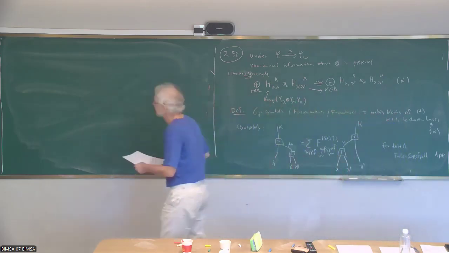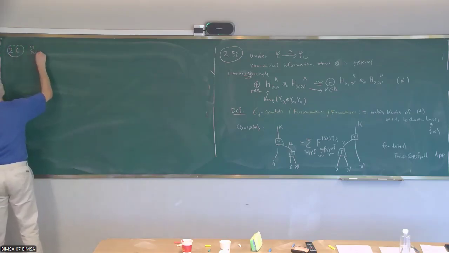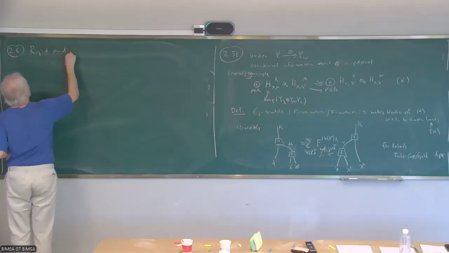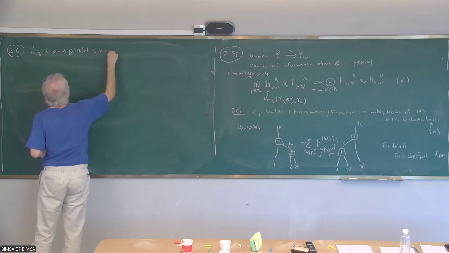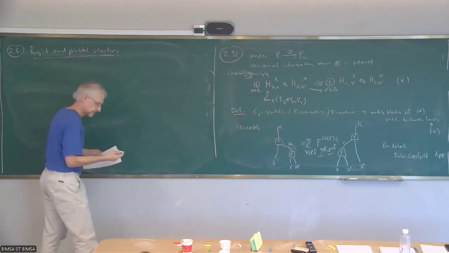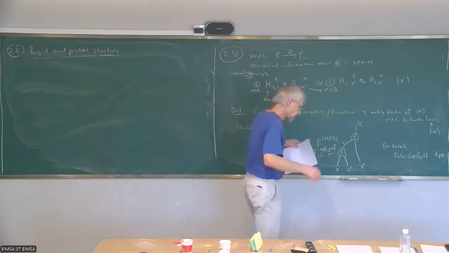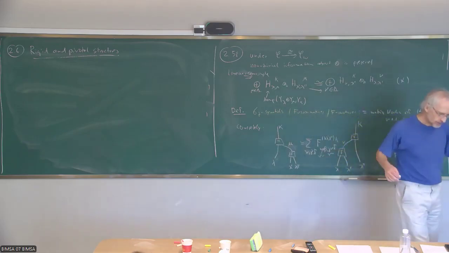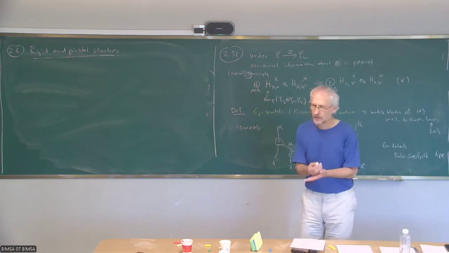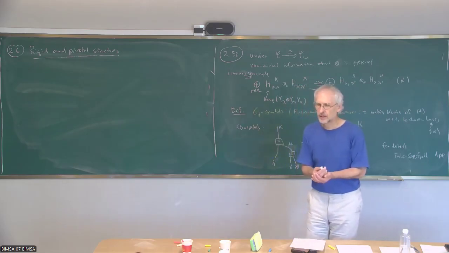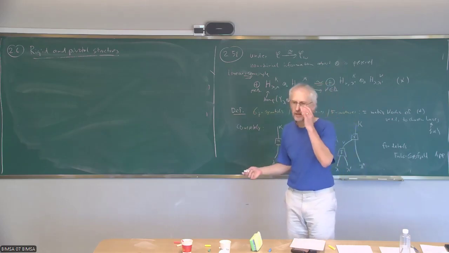Instead, I will continue with 2.6, which is about rigid pivotal structures. I stressed when I started with monoidal structures that both in the example of cobordism categories and in the example of vector spaces, they have more structure than just category.